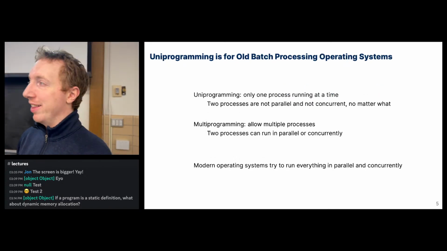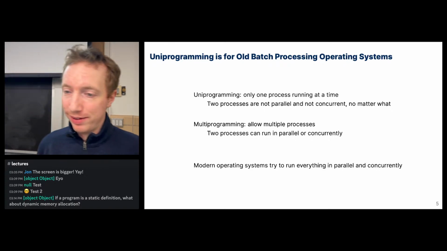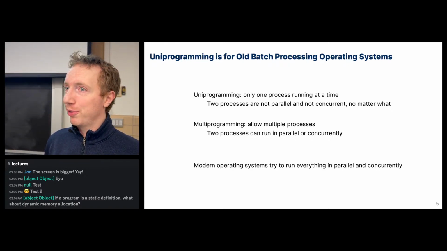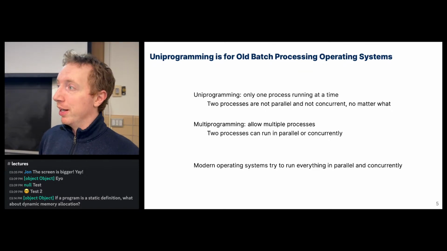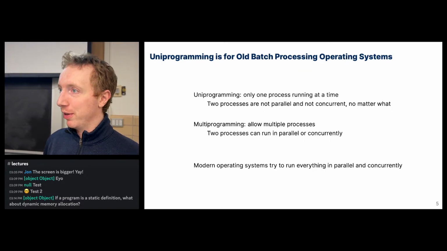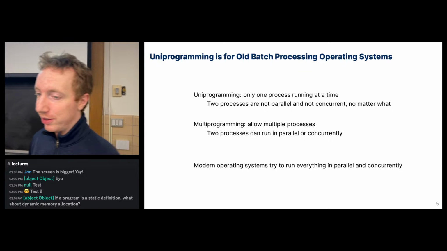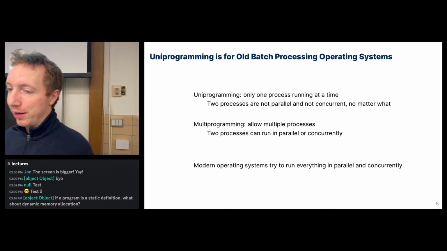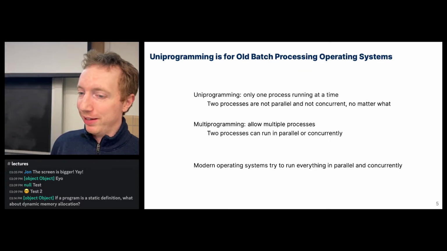So the way to run multiple processes at once: there is an old approach called uniprogramming. That's like old DOS operating systems and stuff that you probably don't know what the heck that is. Back in ye olden days, when there weren't multiple cores and computers filled up this entire lecture hall, the model at the time was that it just runs one process at a single time.